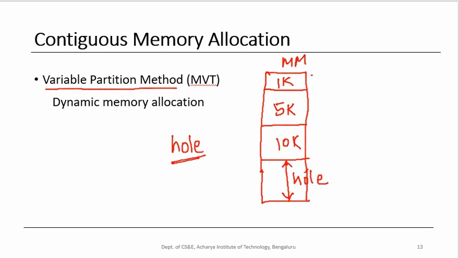And in this case, if let's say this process which had 1K of memory completes its execution and goes out of the main memory, then this becomes a hole. So this kind of approach is also called dynamic memory allocation, and this kind of approach improves degree of multiprogramming.